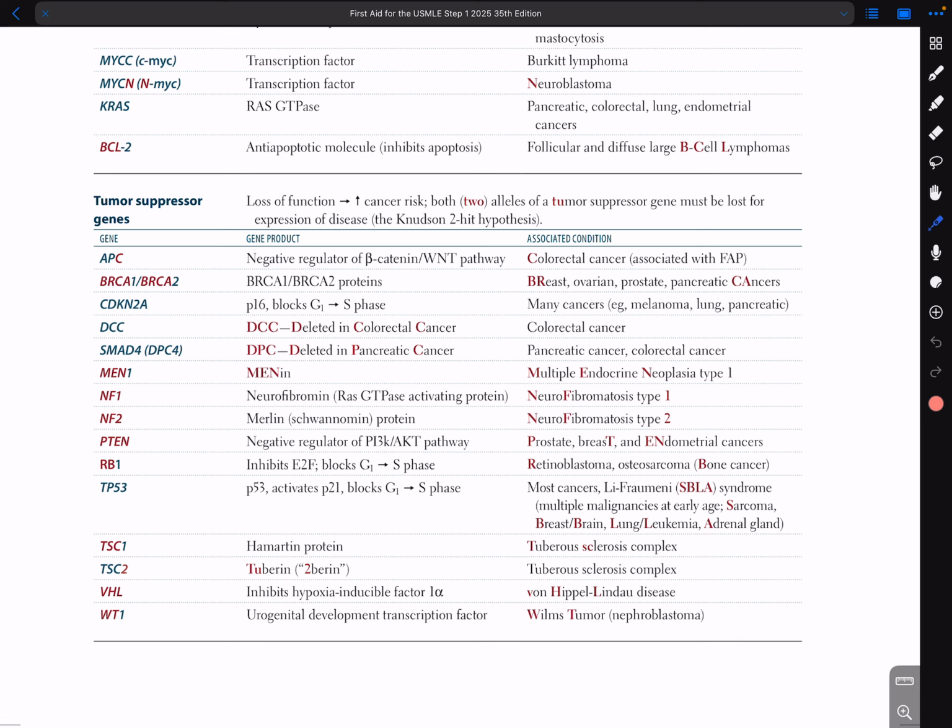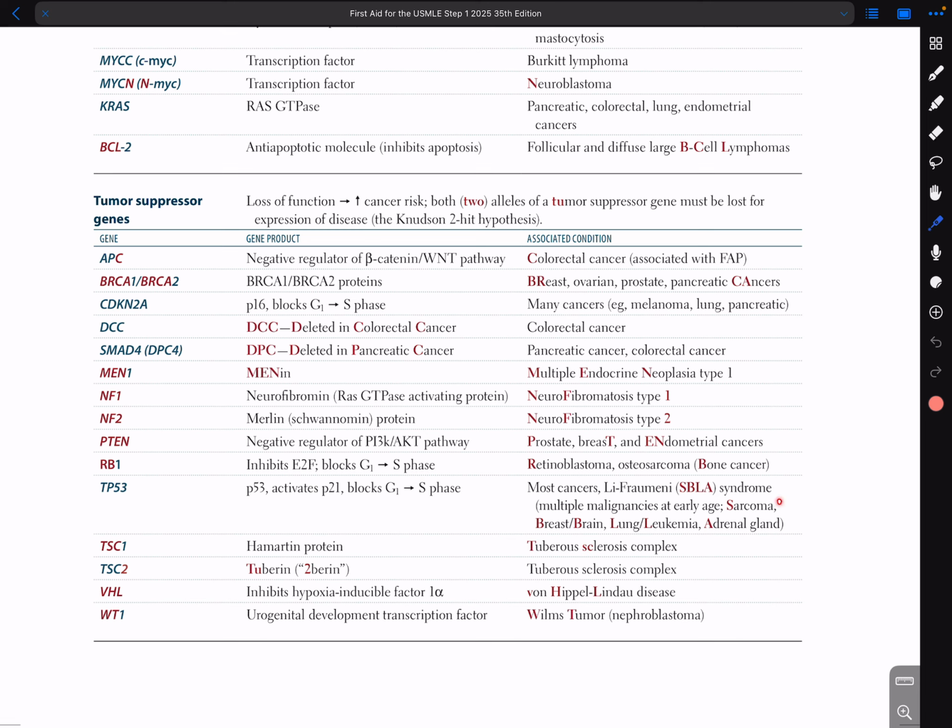Next tumor suppressor gene, TP53. The gene product is p53. This activates p21 and blocks G1 to S phase conversion. Associated with Li-Fraumeni syndrome, with multiple malignancies at an early age.